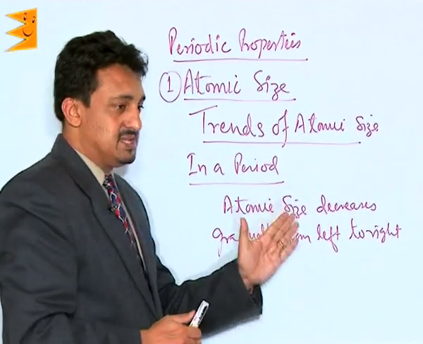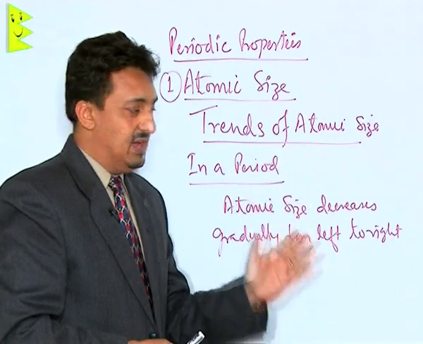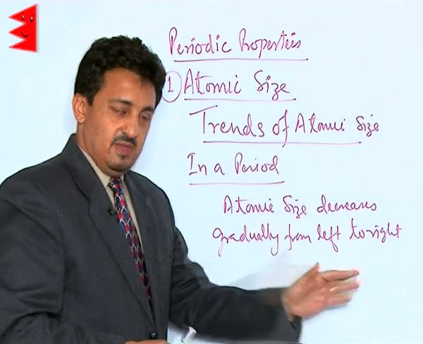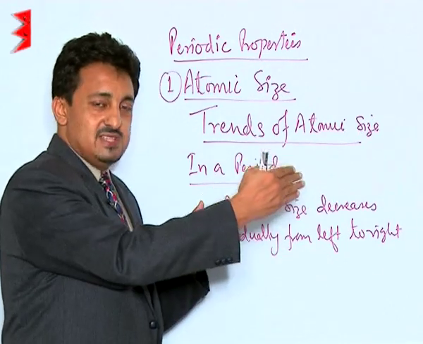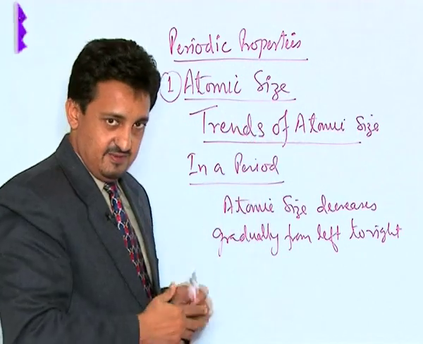So the atomic size gradually decreases in a period from left to right. As we move from group 1 to group 17, the size keeps on decreasing.